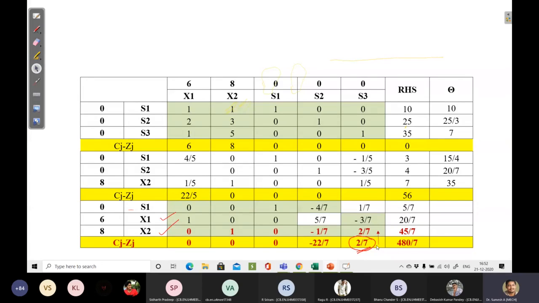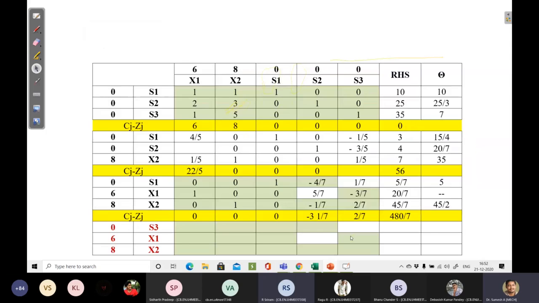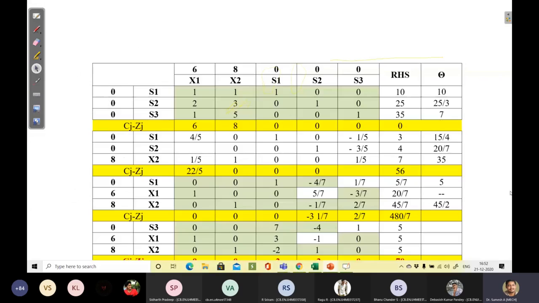Here S3 is replacing S1, and with this, all the values are either 0 or negative. So we are terminating it.